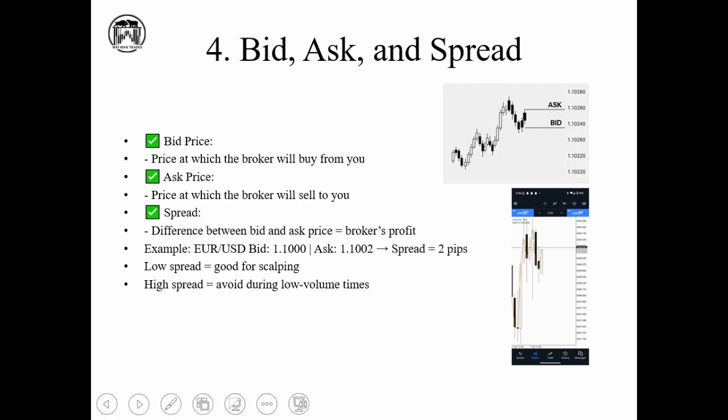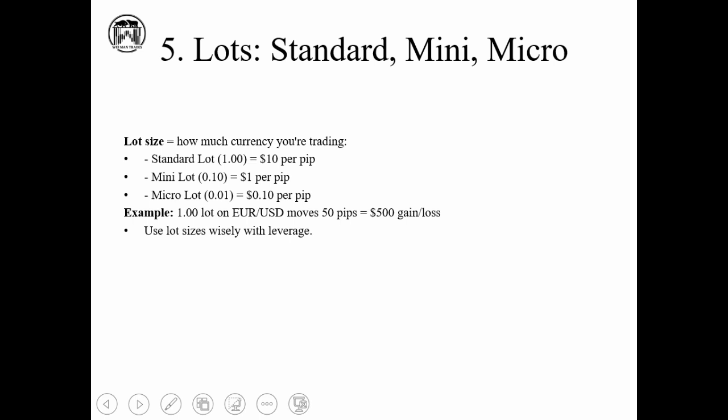Okay, and then we have lots. Of course, I mean lot size. They are standard, mini, and micro. You really don't need to know them, okay, you need to know them, but you're not going to be asking yourself, wait, am I applying standard or mini or micro? No, you just need to know what a lot size is. A lot size is just how much currency you're trading.